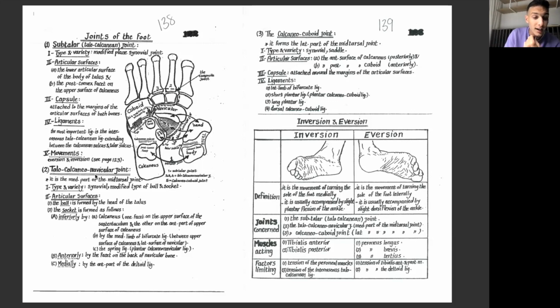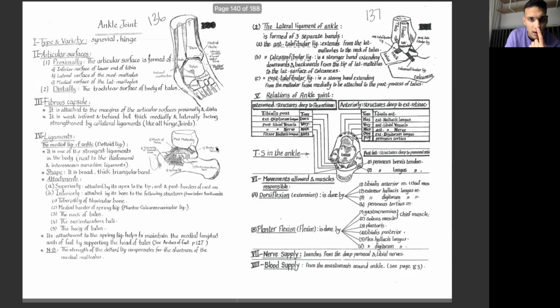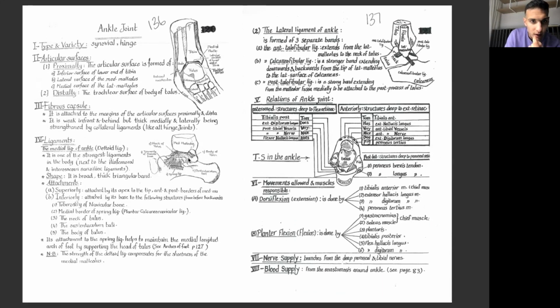The talocalcaneonavicular joint. So you have talus, you have calcaneus, and then anterior to those two, we have the navicular. Okay, how can I show it? I want to see a picture. Let's see. So here you have the talus, you have the calcaneus, and that's the navicular.